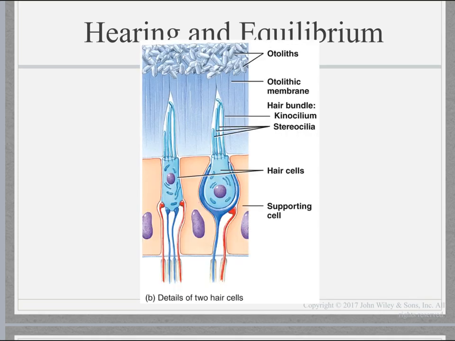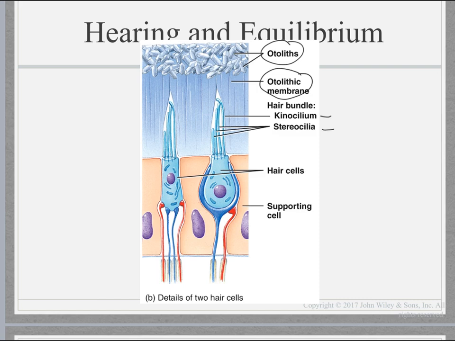Now we could take a detailed look at the two types of hair cells here. We have our otoliths, our calcium carbonate on top, our otolithic membrane, and our two types of hair cells in our hair bundle, kinocilium and stereocilia. So the question is, how do these two work together? Bending the stereocilia towards the kinocilium depolarizes the cell and essentially results in an increased afferent activity.